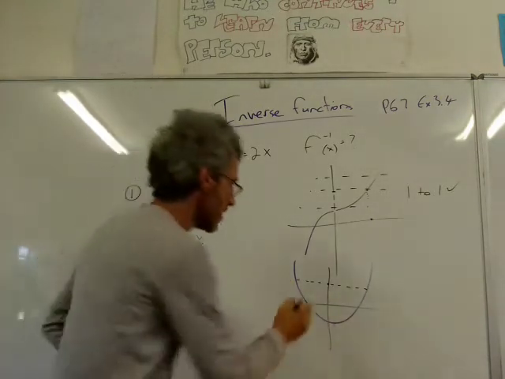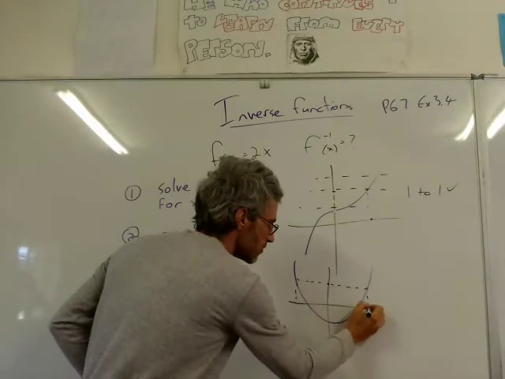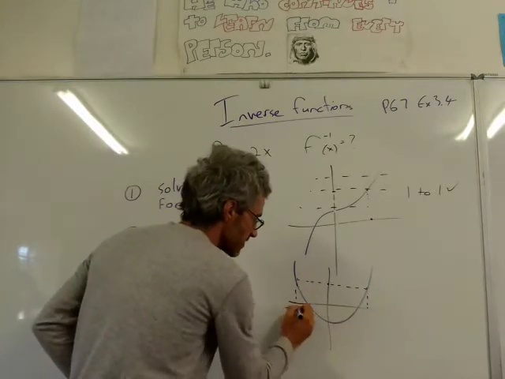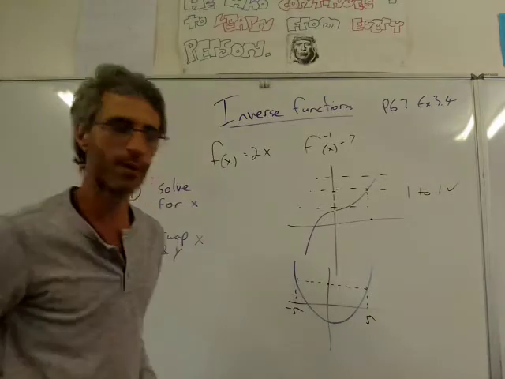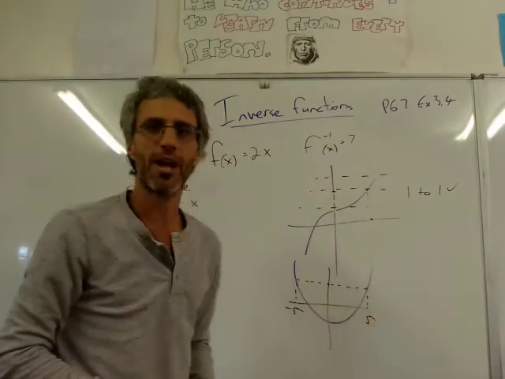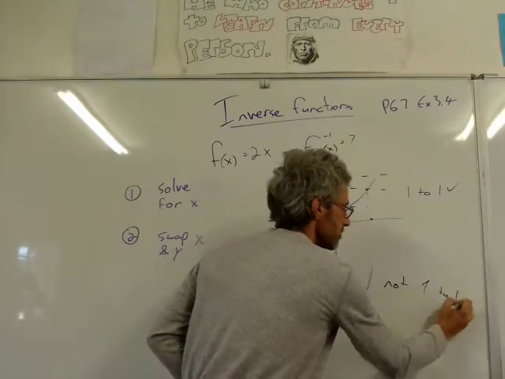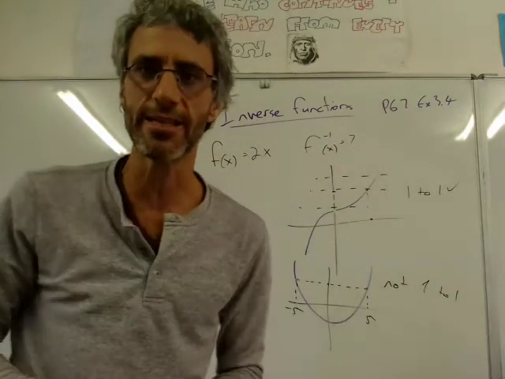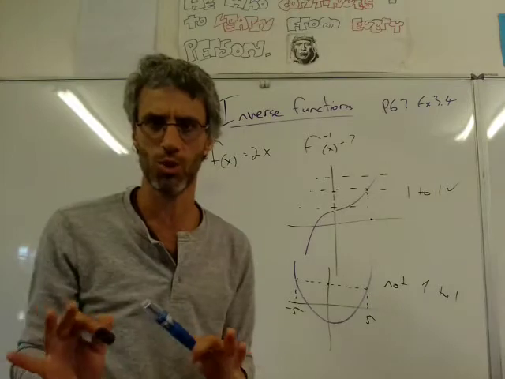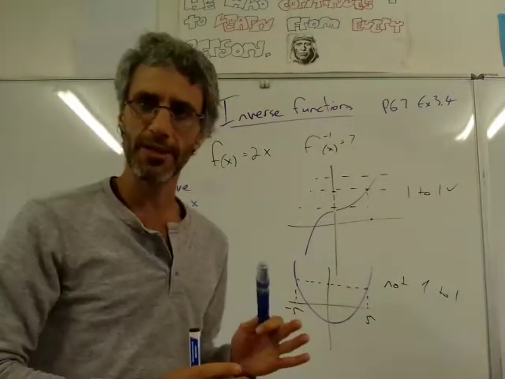What does that mean? It means there are two values of x, let's say minus 5 and plus 5, just making up numbers. They will give you the same value. So that's not one-to-one. Hopefully that makes it a little easier to understand what is one-to-one and what is not one-to-one from a graph perspective.